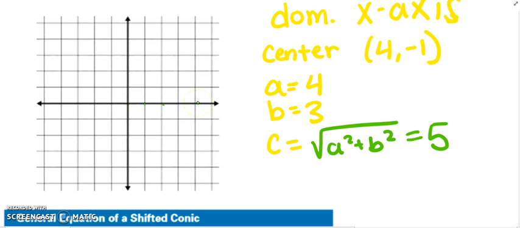So I'm going to start with my center at 4, negative 1. And then I'm going to go which way 4? Left and right, why? Because it's x dominant. You're going to run out of room. We'll see it.